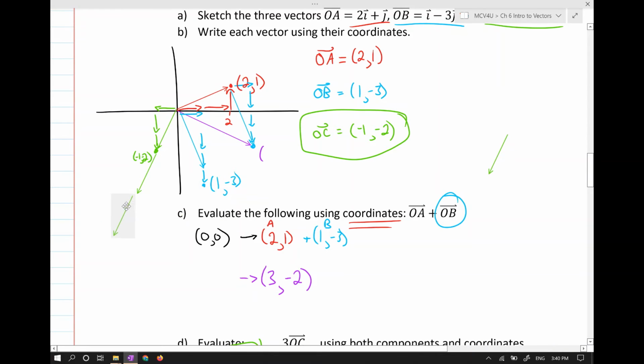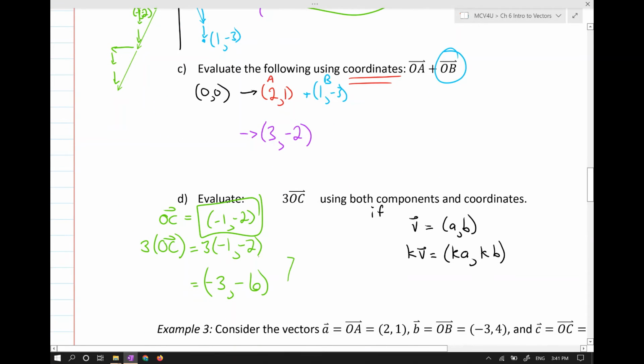I could break it down into its components and verify that absolutely I go over 3 units, because there are 3 horizontal unit vectors here, and I go down 1, 2, 3, 4, 5, 6. So I'm working with 3, -6. Fantastic. I have worked with this algebraically, and I've verified it graphically speaking.